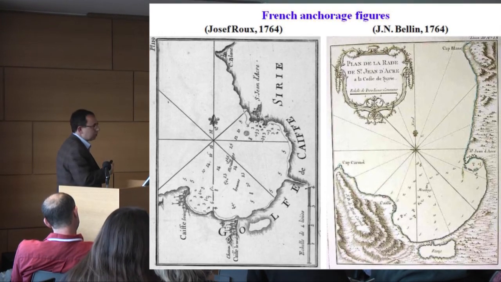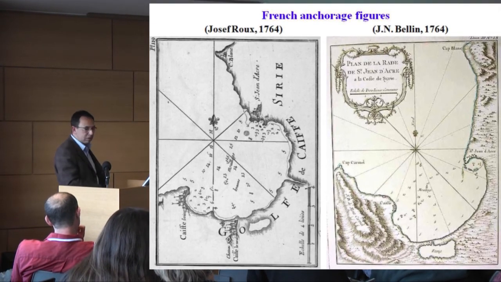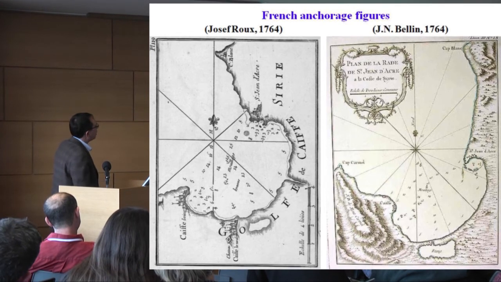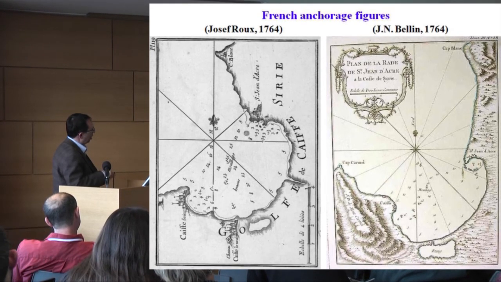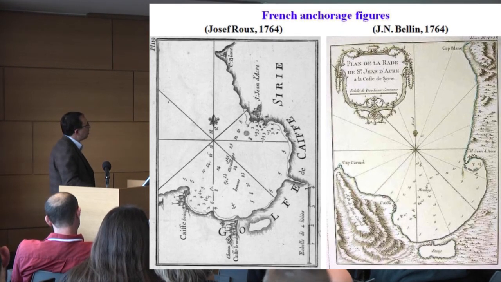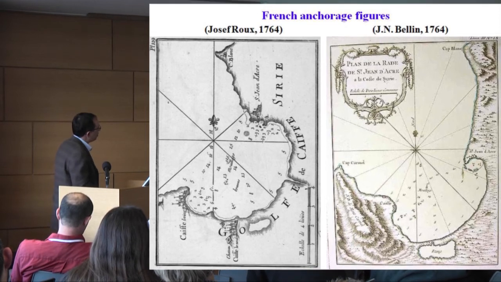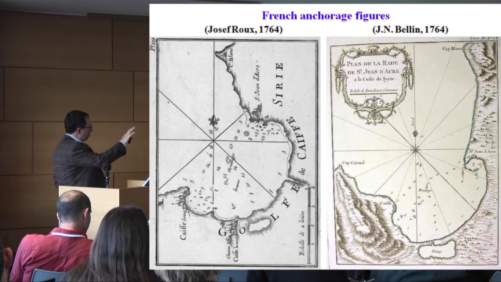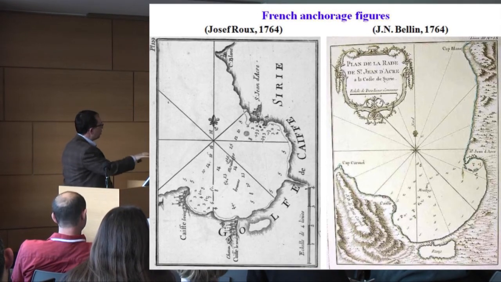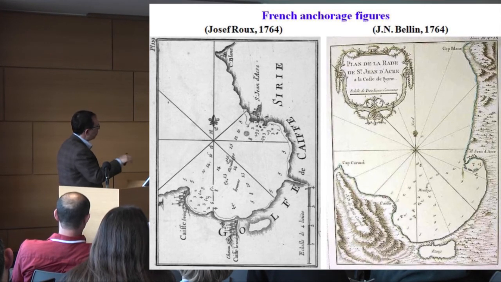I think I found them here in the collection, in the library here. And at that time, you can find many, I call them anchorage figures, because the purpose is especially for anchoring the ship.